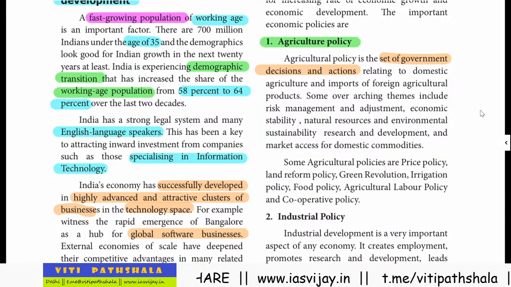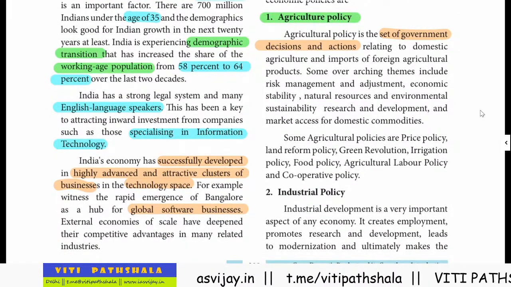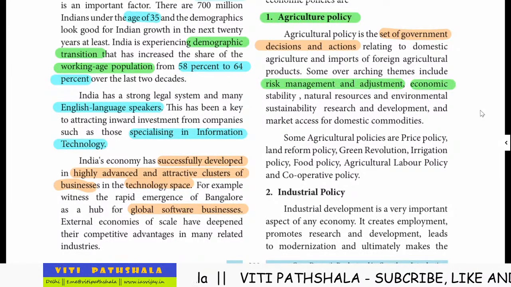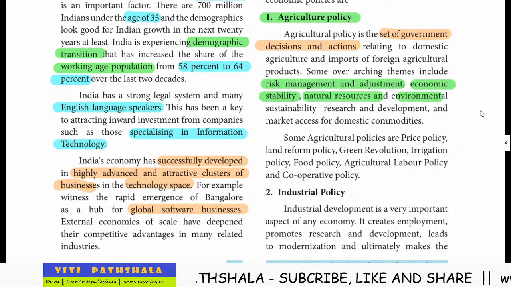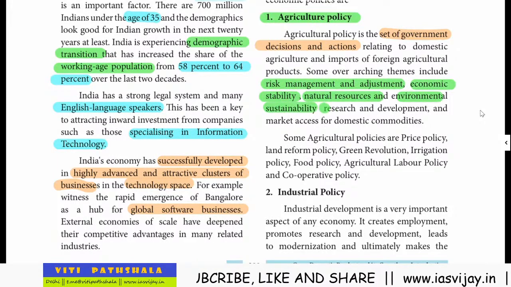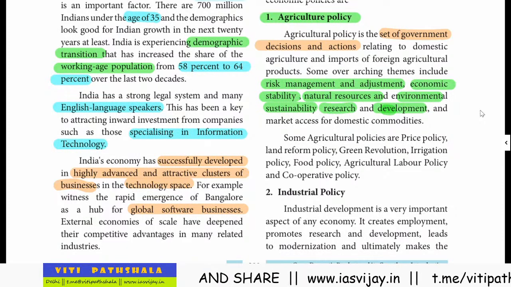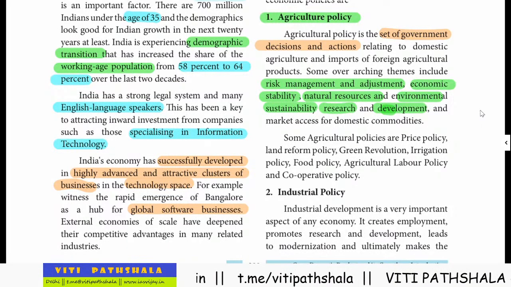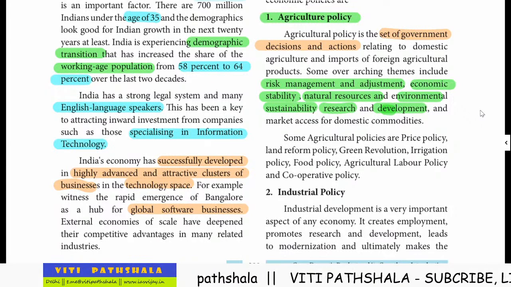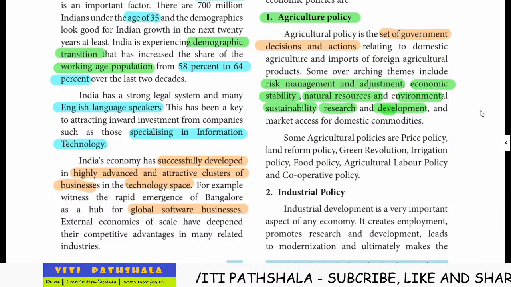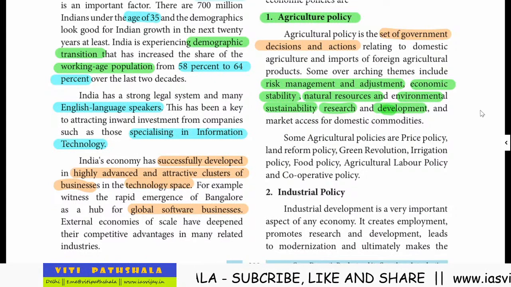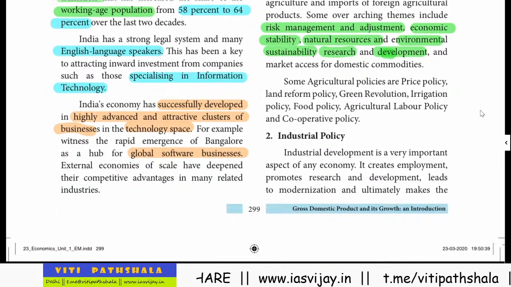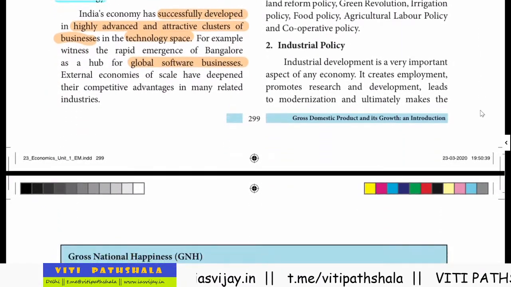Some overarching themes include risk management and adjustment, economic stability, natural resources and environment sustainability, research and development, and market access for domestic commodities. Some agriculture policies are the price policy, land reform policy, the green revolution, irrigation policy, food policy, agricultural labor policy, and the cooperative policy. Now, these things are more important for your mains exam.